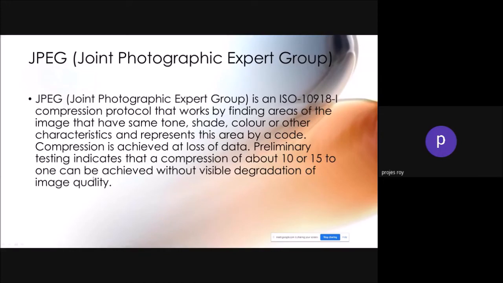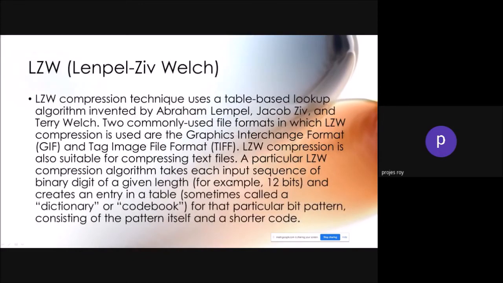So JPG has its own impact, and JPG is more popular. Preliminary testing indicates that compression of about 10 or 15 to 1 can be achieved without visible degradation of the image quality. That's basically the concept of JPG, and we are using JPG extensively.